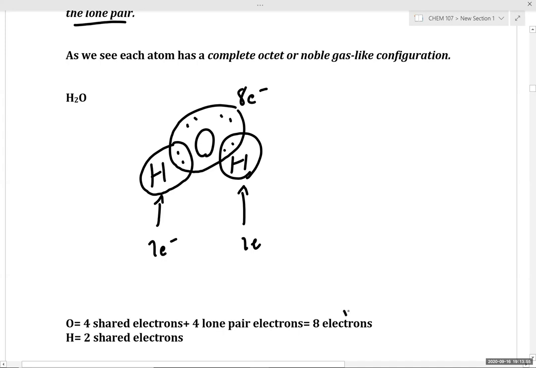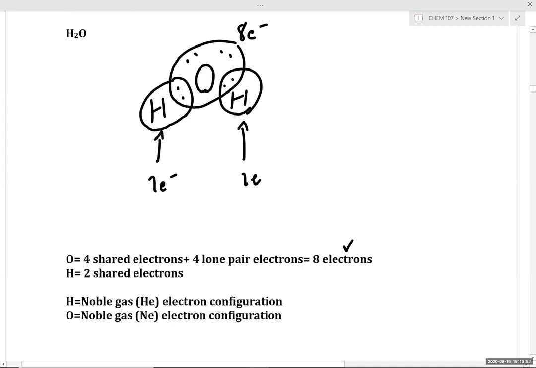So oxygen has a complete octet, while hydrogen has a noble gas-like configuration for helium. Hydrogen, just as a note, only really wants 2 electrons.